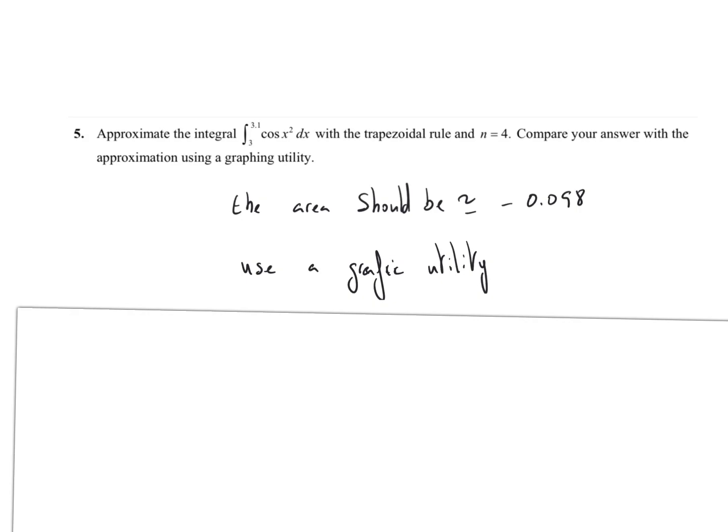And the area between 3 and 3.1 should be minus 0.098, meaning that the area between x equals 3 and x equals 3.1 is below the x axis, and you should do it and check your answer. You need to use your calculator.